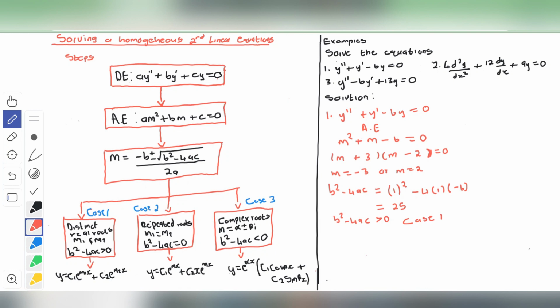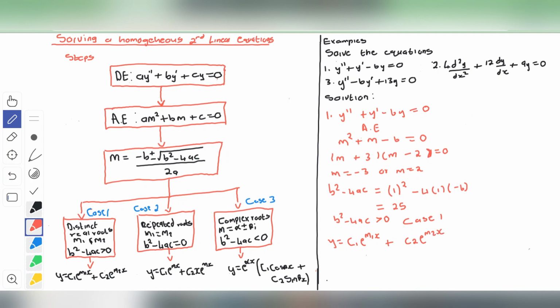The formula of case 1 is y is equal to c1 multiplied by e to the power of m1 x plus c2 multiplied by e to the power of m2 x.